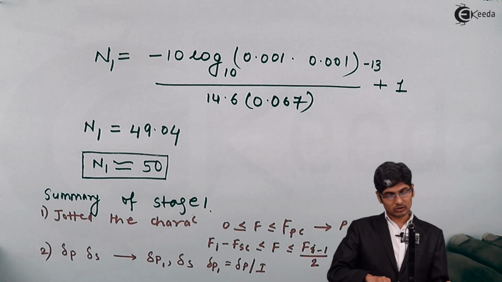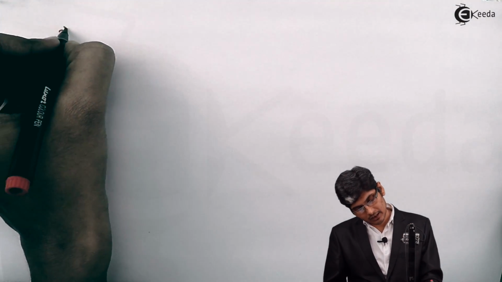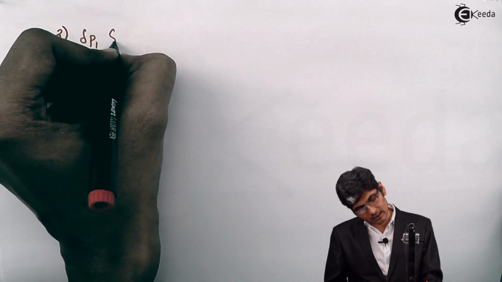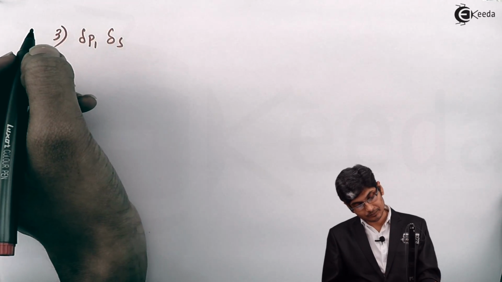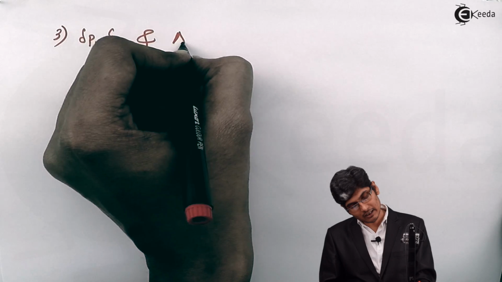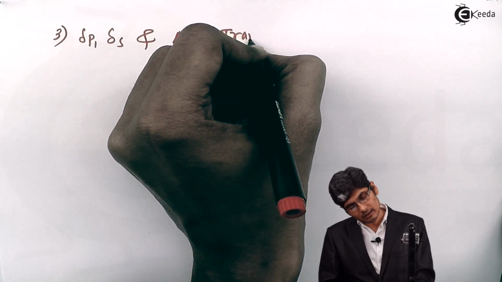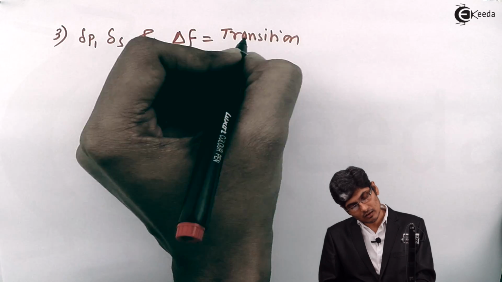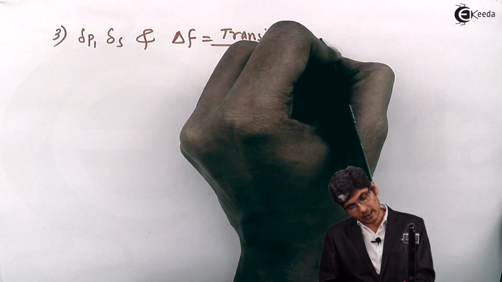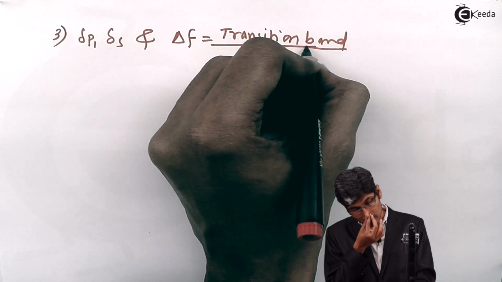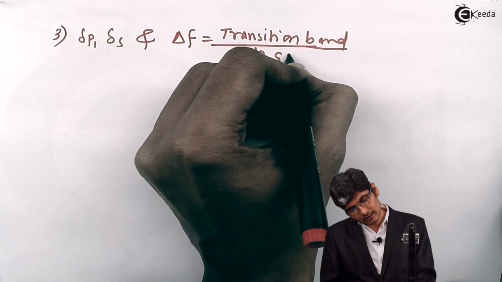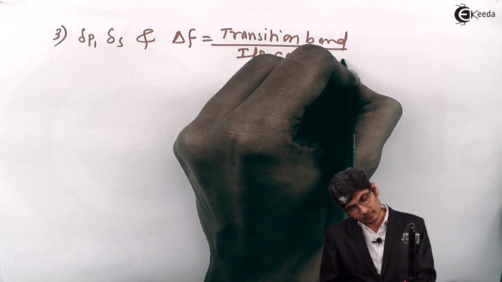Third, we used delta p1, delta s, and delta f, which is the transition band upon the input sampling frequency of that stage.